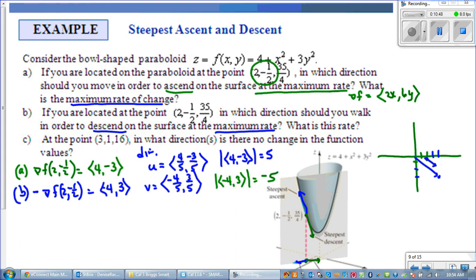Okay, at the point 3, 1, 16, in what direction is there no change? Well, for there to be no change, we know it needs to be perpendicular to that gradient. So if our gradient is 4, -3, perpendicular to it, let's see, this will be over 4, down 3.